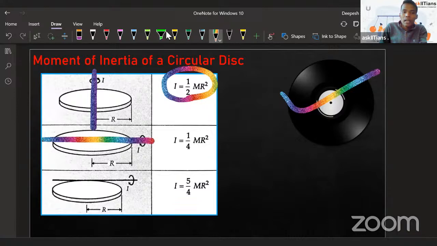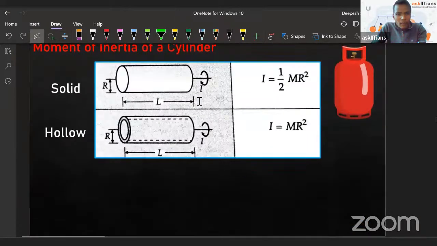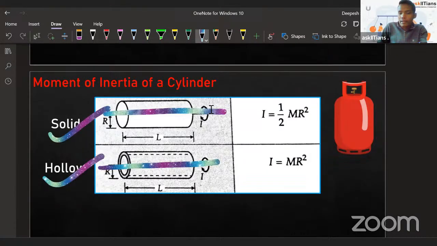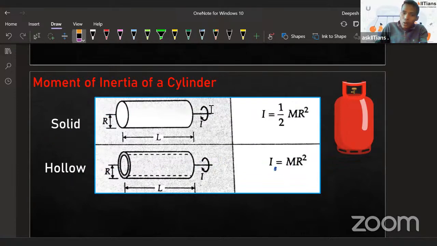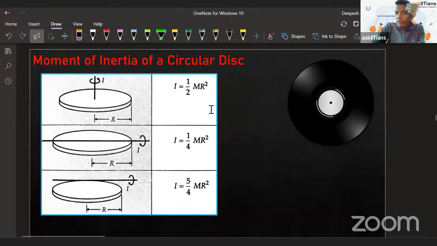But for the diameter and for the tangent, you can calculate using the perpendicular and parallel axis theorems. Similarly, for a solid cylinder and a hollow cylinder, the axis passing through their center gives half mr square and mr square. Now, of course, there is a whole derivation for the cylinder as well, and for the disk as well. For now, I recommend you not to go for the derivation.